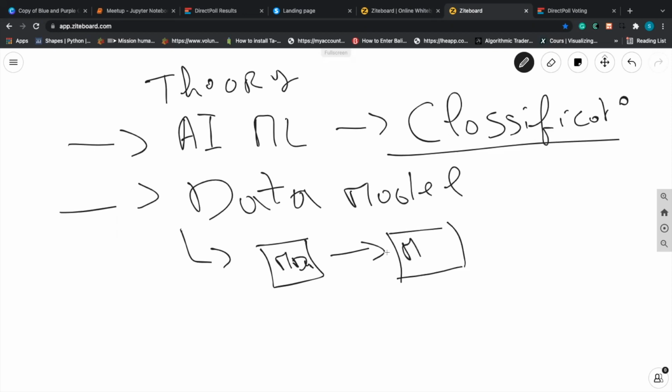We had some mathematical equation in mind, and we backtested whether this mathematical equation is profitable or not. That's how it works. But in terms of data models, it's going to be slightly different when you are going to use machine learning.